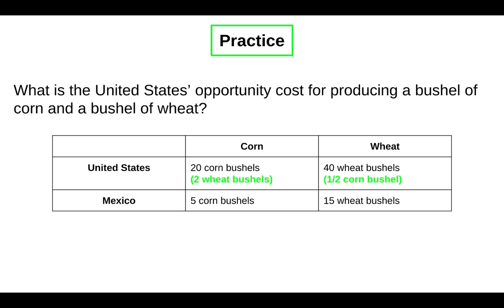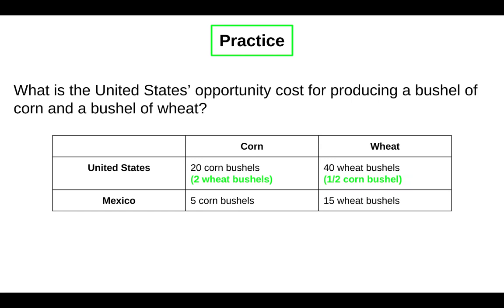And that's what I show right here. So what this means in the green is for every 1 unit of corn, 1 bushel of corn, let's say, I have to give up 2 wheat bushels if I'm the United States. I cannot produce those 2 wheat bushels. And if I am producing 1 unit of wheat, I'm giving up half a corn bushel.